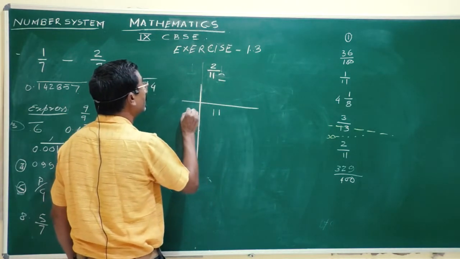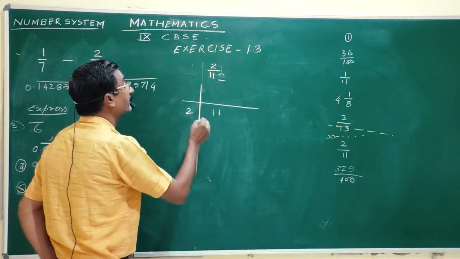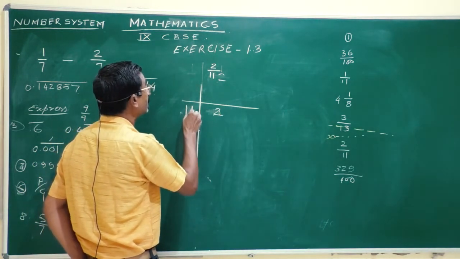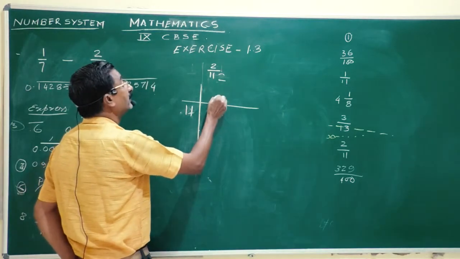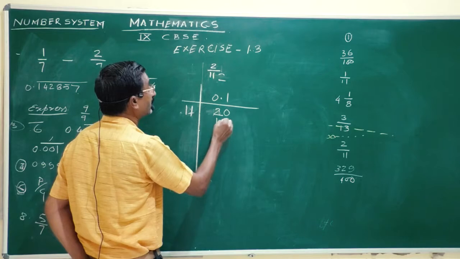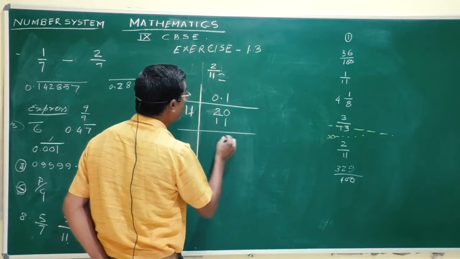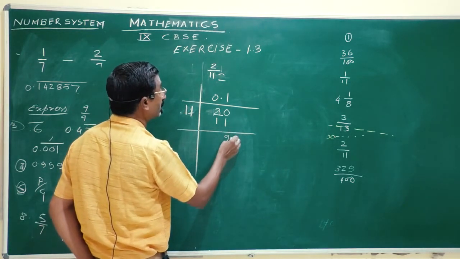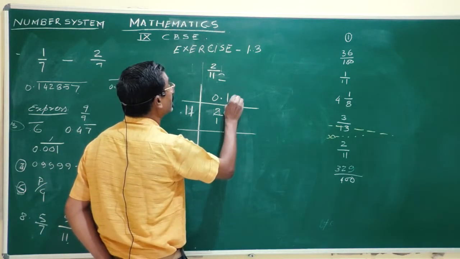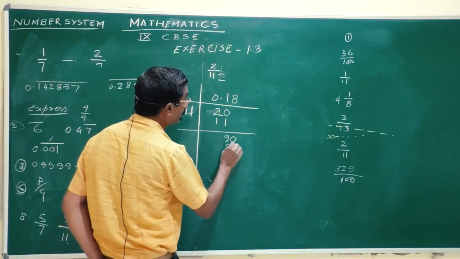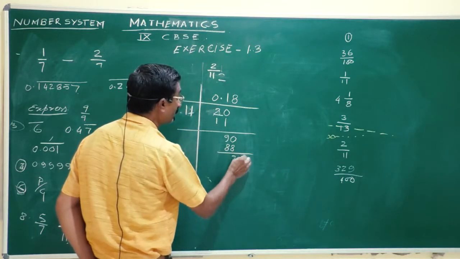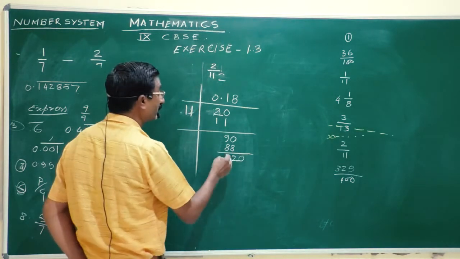This is 11, the divisor is 11. 0 point, so this is decimal. 11 ones are 11, remainder becomes 9. So this is 0. 11 8s are 88. So this becomes 2. 0. Okay.